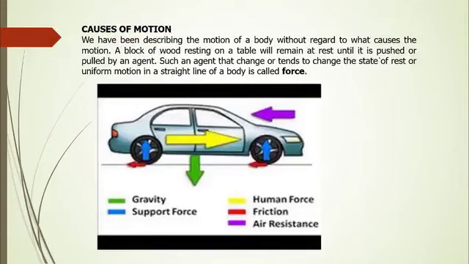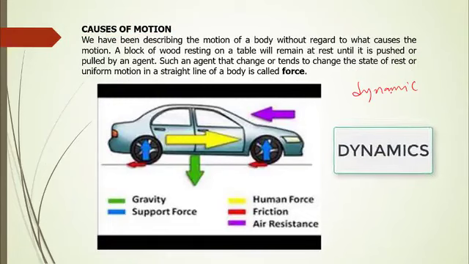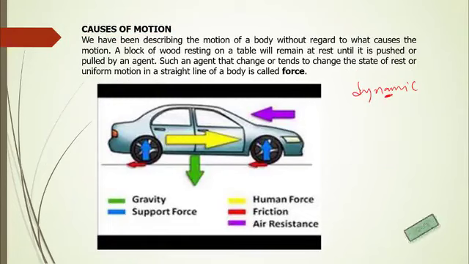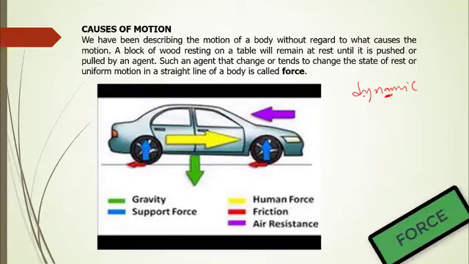Now let's look at things that cause motion, causes of motion, and that's dynamics this time around. When we are talking about things that cause motion, of course we know that force causes motion. When you keep your book on your desk or on your table, that book is going to remain at rest unless somebody comes there and removes it, or that book is pulled by an agent, for instance, wind.